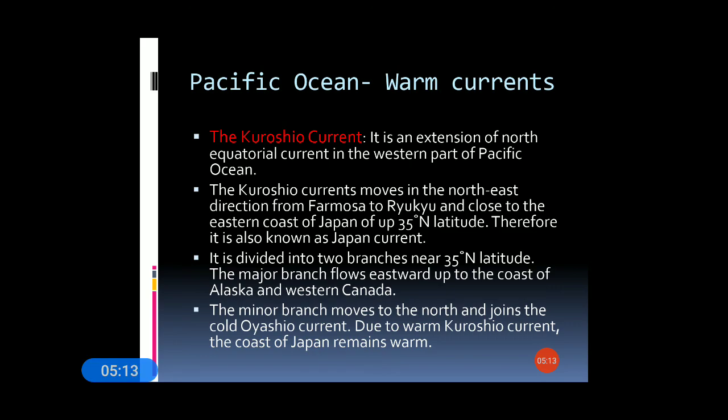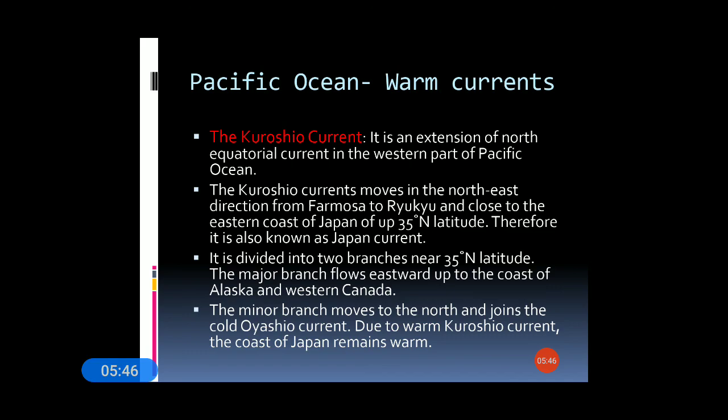Therefore, it is also known as the Japan current, because it flows along the coastal region of Japan or around the islands of Japan.